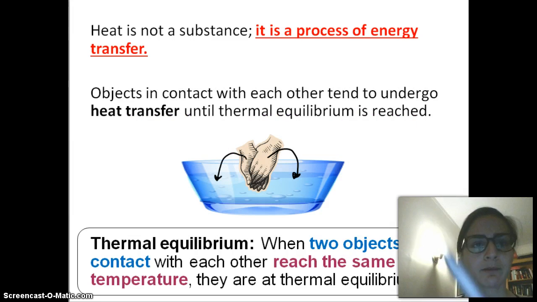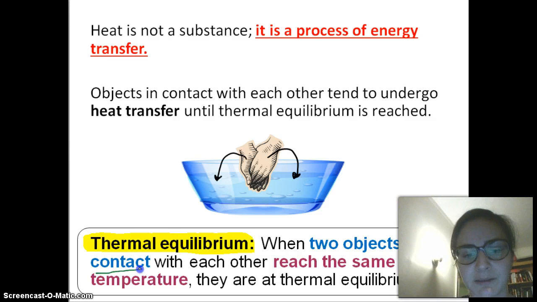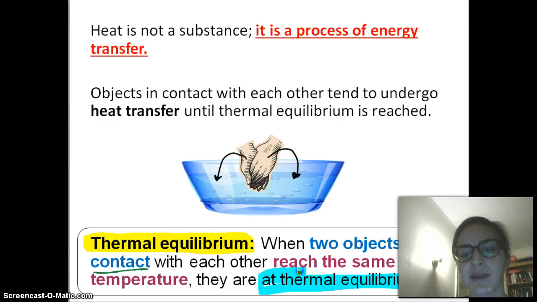thermal equilibrium. This is one of the last concepts you saw. Thermal equilibrium says that when two objects are in contact, that means there's some part of their surfaces that are touching, they will eventually reach the same temperature. Once that happens, we say they are at thermal equilibrium. Again, I'll use the ice example.